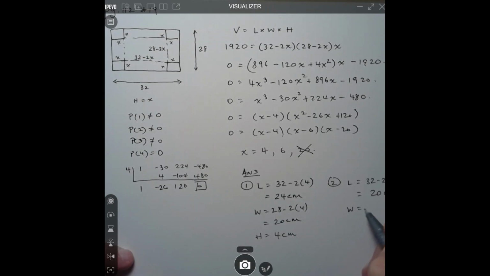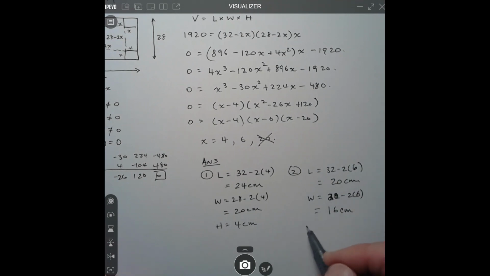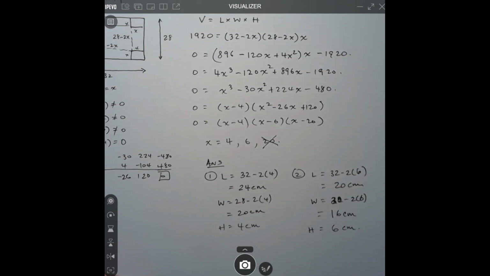We've got our width, 28 minus 2 times 6. And what do we have? 28 minus 12, so 16. So while we do have one dimension that's the same, this is going to be a different box. Sorry, just make sure you can see that. And then finally, our height is going to be equal to 6 centimeters.